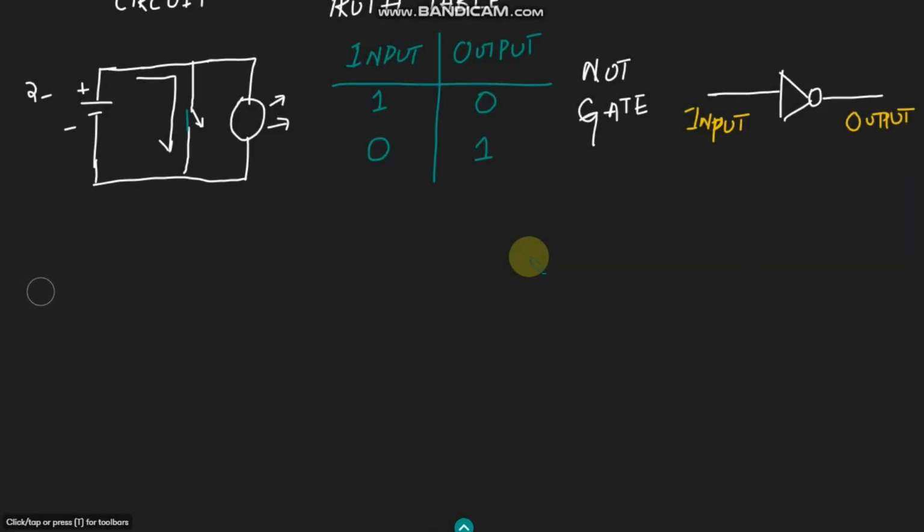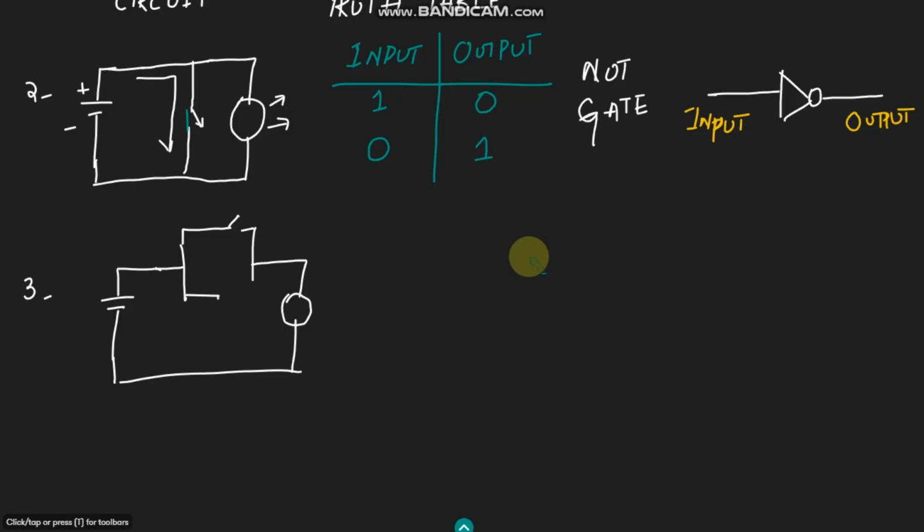The third one is the circuit in which we have this voltage source, and again this light bulb which is connected with two sources or two inputs. Let me have this input 1, this is the input 2 and this is the voltage.